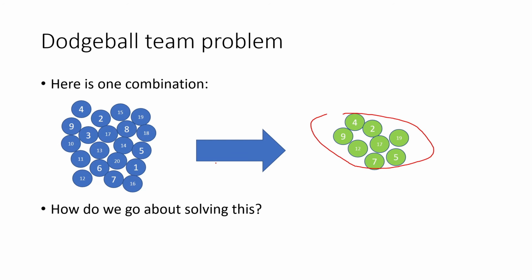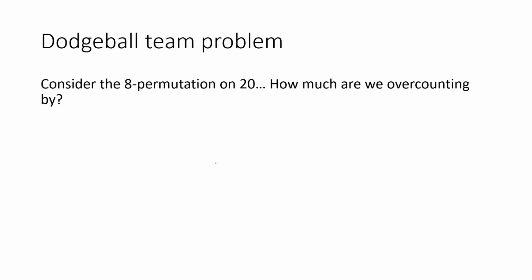So how do we go about solving this? Well, let's first consider it from the standpoint of permutations. If we consider the 8 permutation on 20, we said earlier that the number of combinations is, for the most part, always fewer than the number of permutations. So by how much are we overcounting?